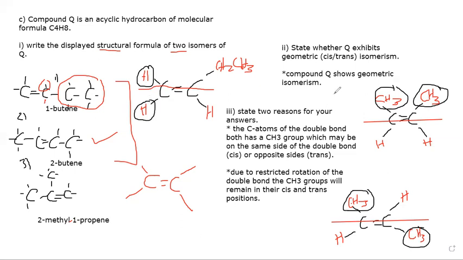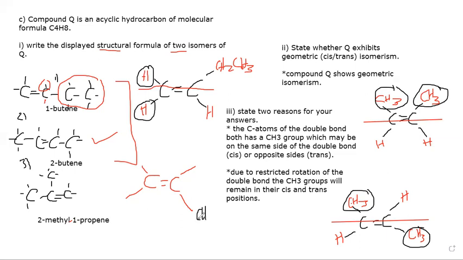If you should look at these two again, you will see in one instance, the same groups are on the same side, and then that same group is on the opposite side. You do not have it here. Two hydrogens would be on the same side in each case. So two hydrogen atoms would be on the same side, even if you flip.